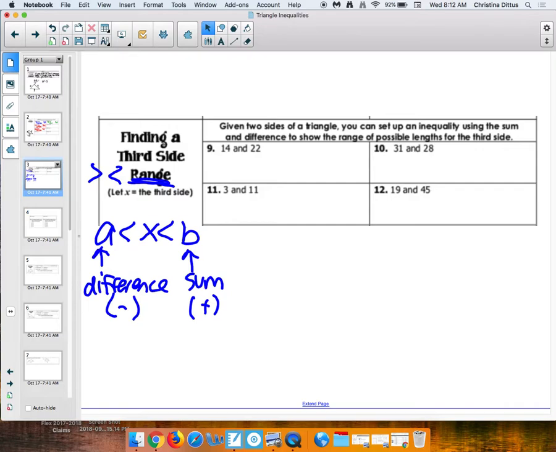So the goal of this is to figure out what our side lengths can be to make a triangle, to make sure that it is closed. So what we're going to do is subtract these two numbers in number 9. So if I take 22 minus 14, what do I get?